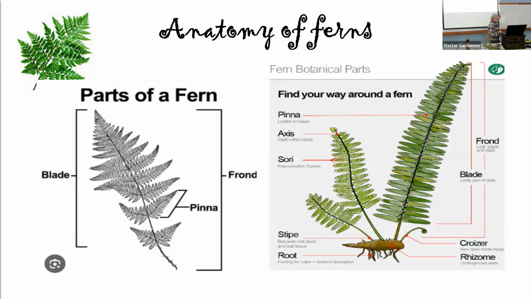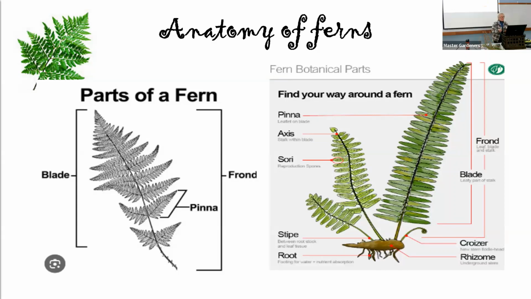The slide on the right-hand side shows a little bit more. You've got roots, you've got a rhizome, and then this little thing here, the fiddlehead or crozier. Then you've got your blade, your frond, and here's the reproductive portion of the plant. It's the spores or the sori, and they're found underneath the leaflets.